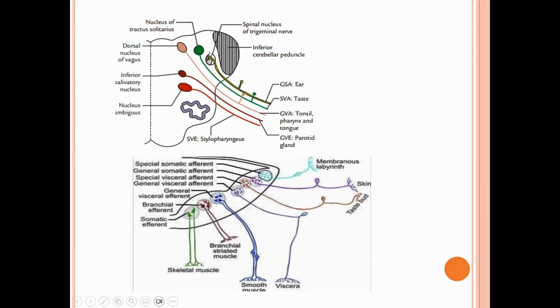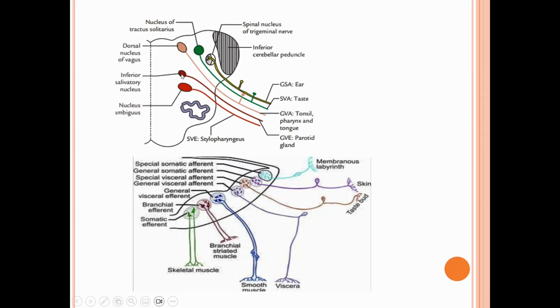So you can see here nucleus tractus solitarius, dorsal nucleus of vagus, inferior salivatory nucleus, nucleus ambiguus, and spinal tract of the trigeminal nerve. The spinal tract of the trigeminal nerve has general somatic afferent fibers. Nucleus tractus solitarius is special visceral afferent, that is for taste. The dorsal nucleus of vagus has general visceral afferent fibers.